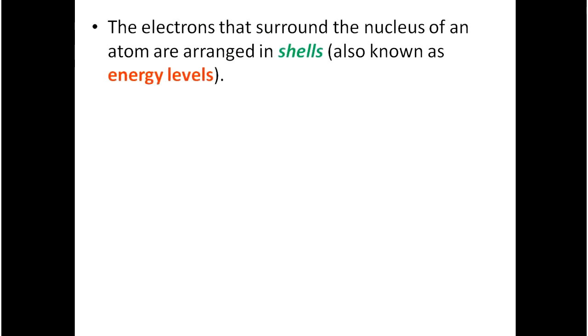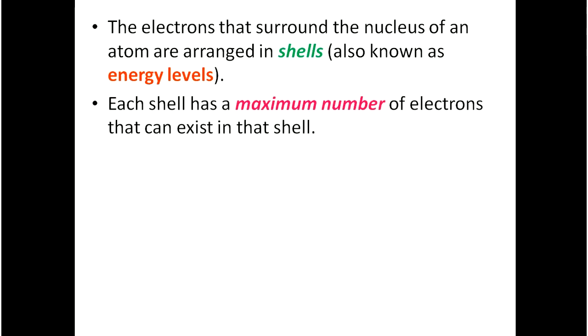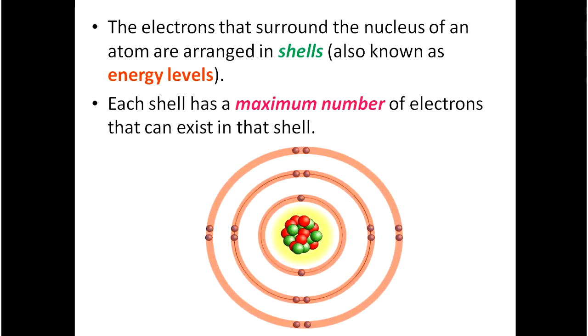The electrons that surround the nucleus of an atom are arranged in shells, also known as energy levels. Each shell has a maximum number of electrons that can exist in that shell, and we will look at that later on. This is a diagram of an atom which has 3 shells.